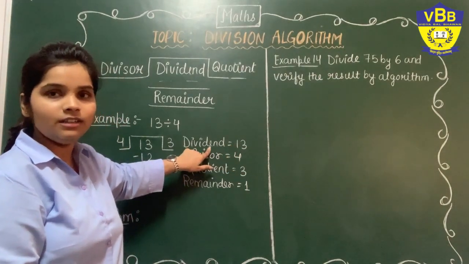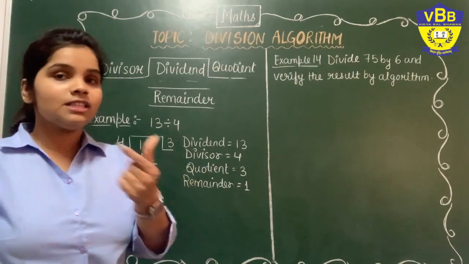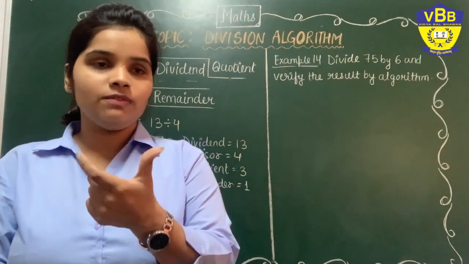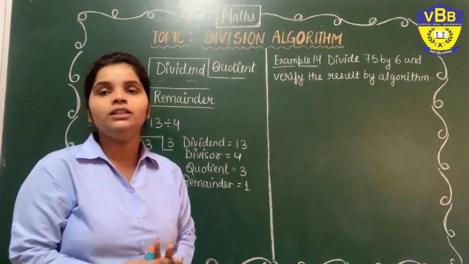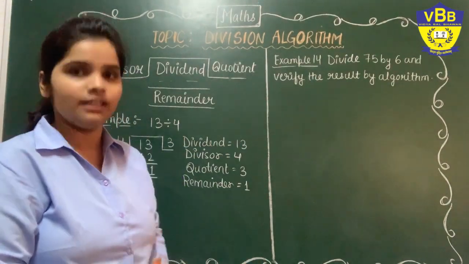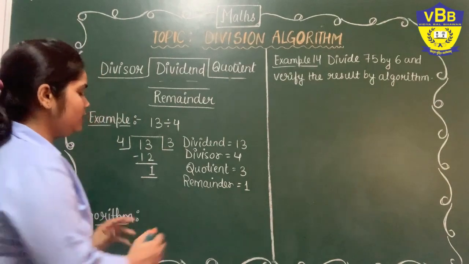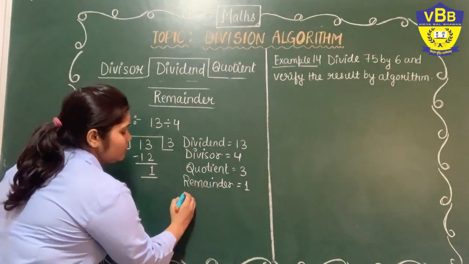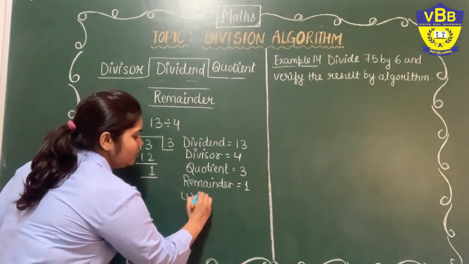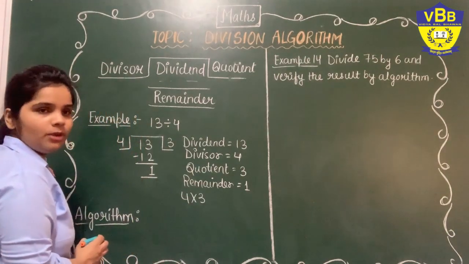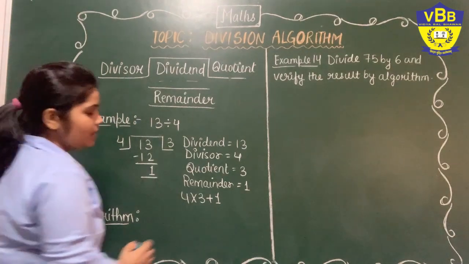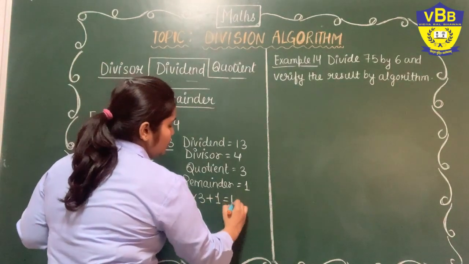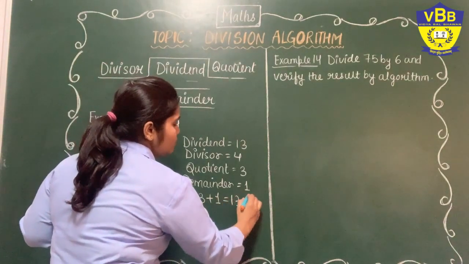It is given here. So this proper observation you have made from these 4 terms is called the division algorithm.